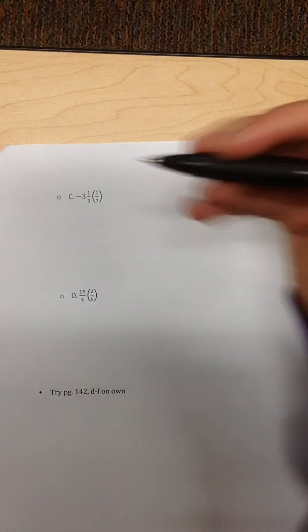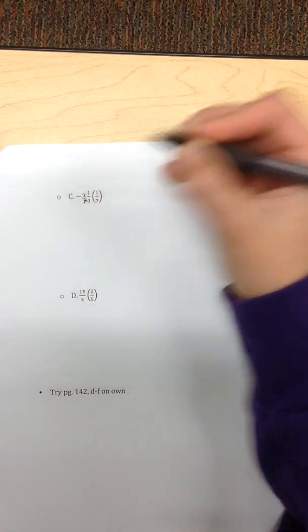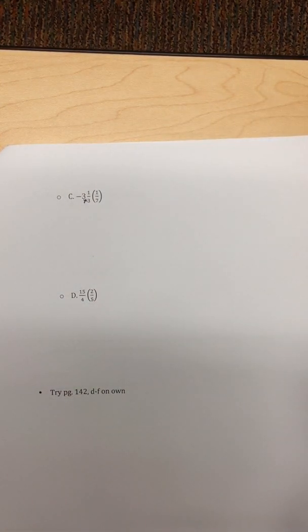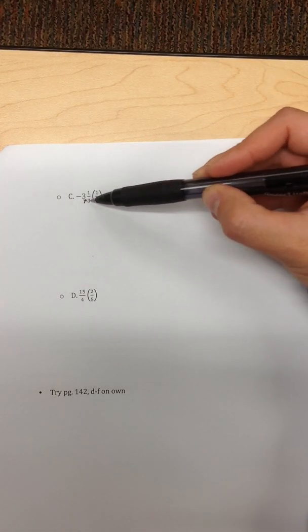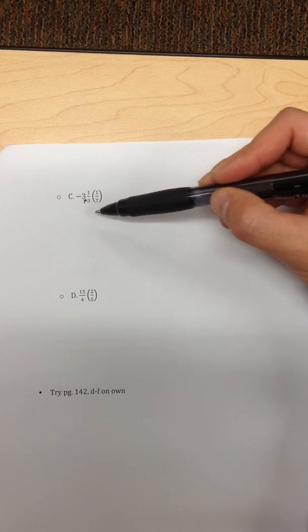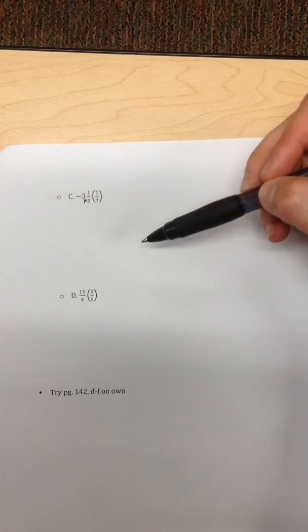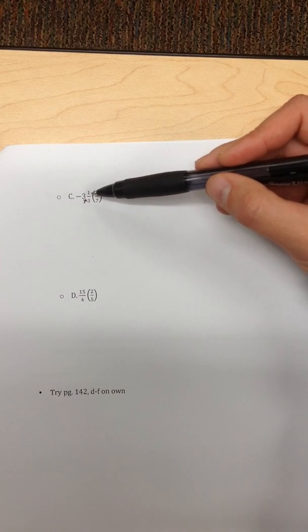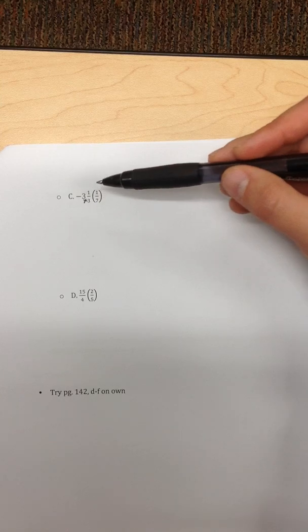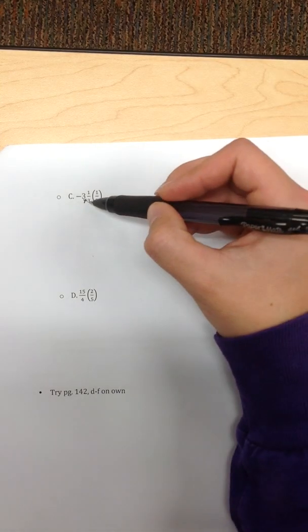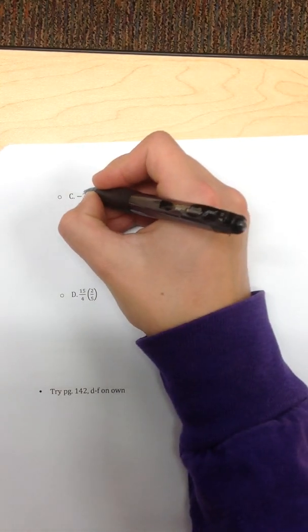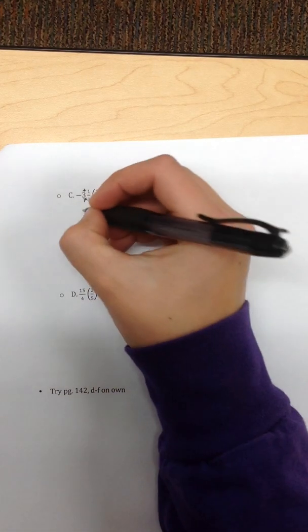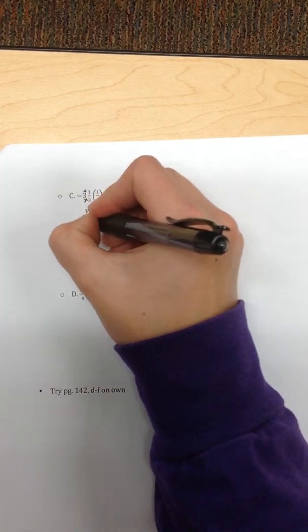So what I do there is I'm going to take 3 times 3, because if you're thinking about it as pizzas, 3 whole pizzas cut into 3 slices would give me 9 total slices for 3 pizzas. Then I've also got a part of a pizza, 1/3 of a pizza, so 1 piece of the pizza cut into 3 sections. So if I do 3 times 3, that's 9. Then I add my last piece there, which would be 10/3.